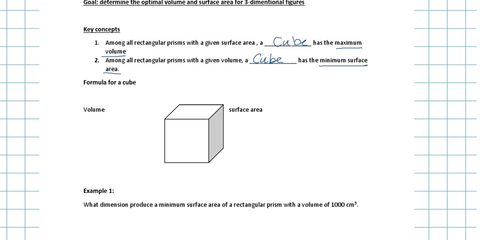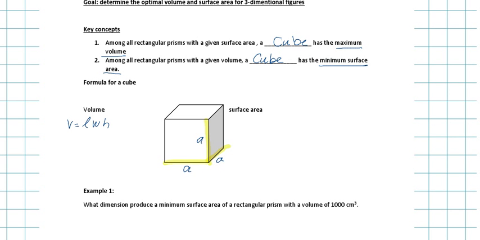So, if we're talking about a cube, right? All sides are the same. So if this is A, then this is A, right? So that's what a cube is. So if the regular volume of a rectangular prism is length times width times height, what would it be for a cube?